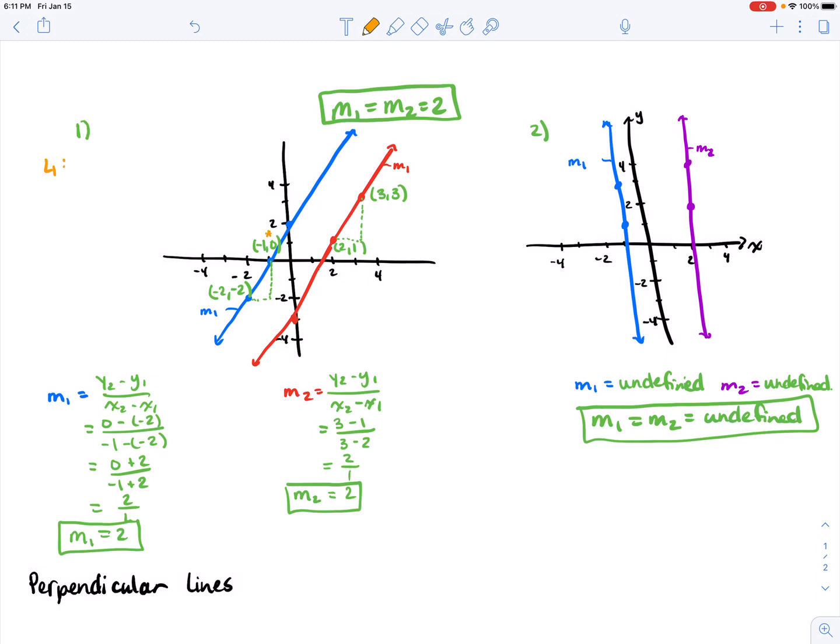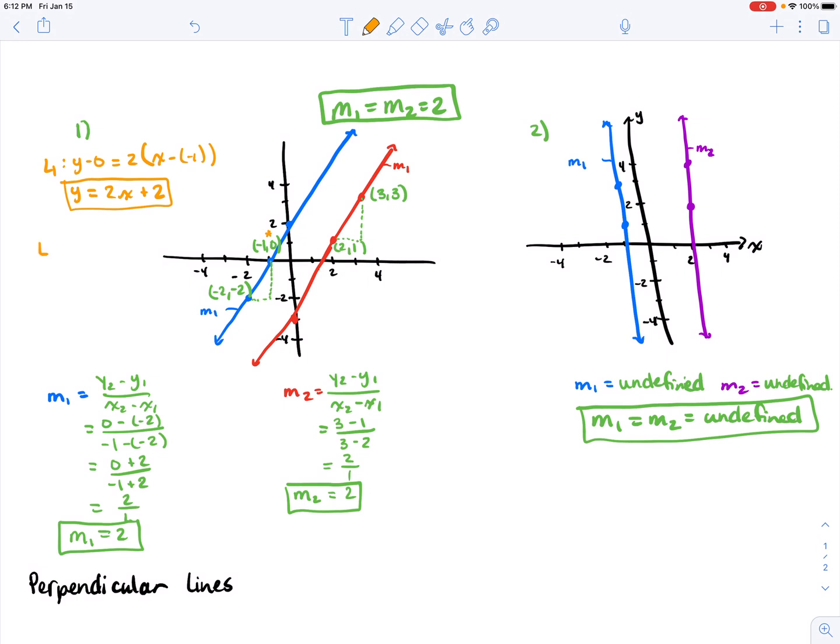So the equation of L1, if we use our point slope form of a line, we have y minus 0 equals 2 times x minus -1. So I have y equals 2x plus 2. So that's my equation of the line.